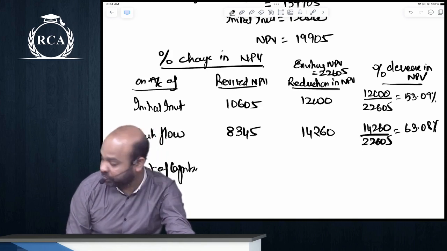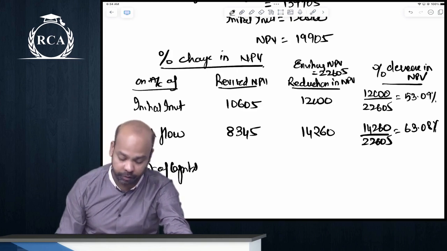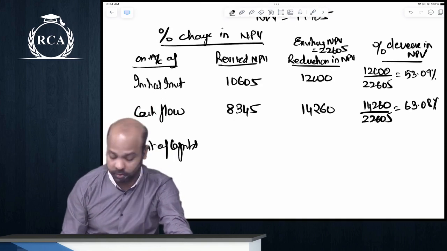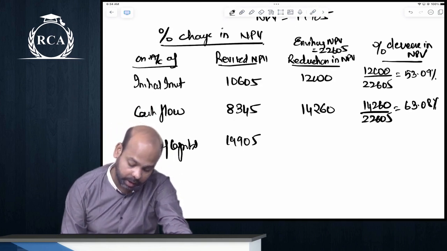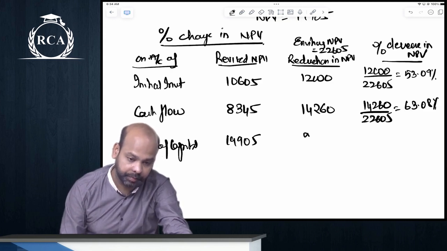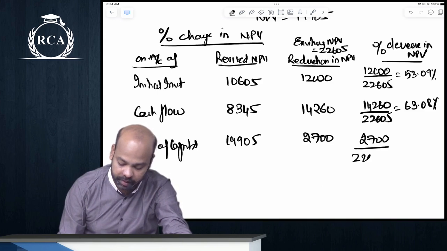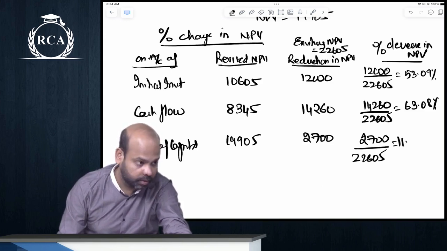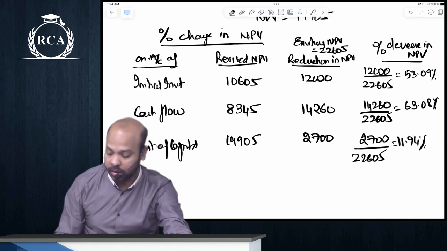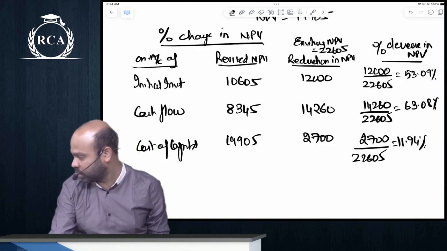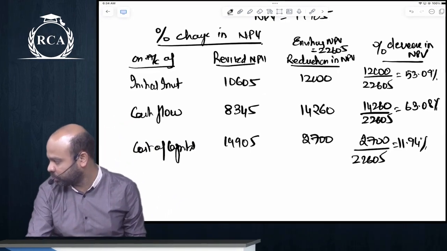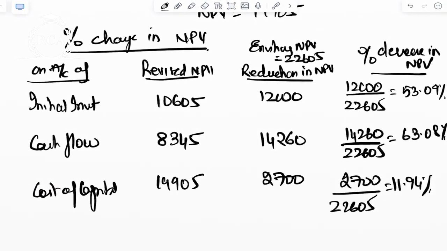Based on cost of capital, beta, we got a revised NPV of 19,905. Reduction in NPV: divide 2,700 by your existing NPV. 11.94. These are the three reductions, guys. Write here, beta. Without this, the answer is incomplete. Online students, do it, beta.